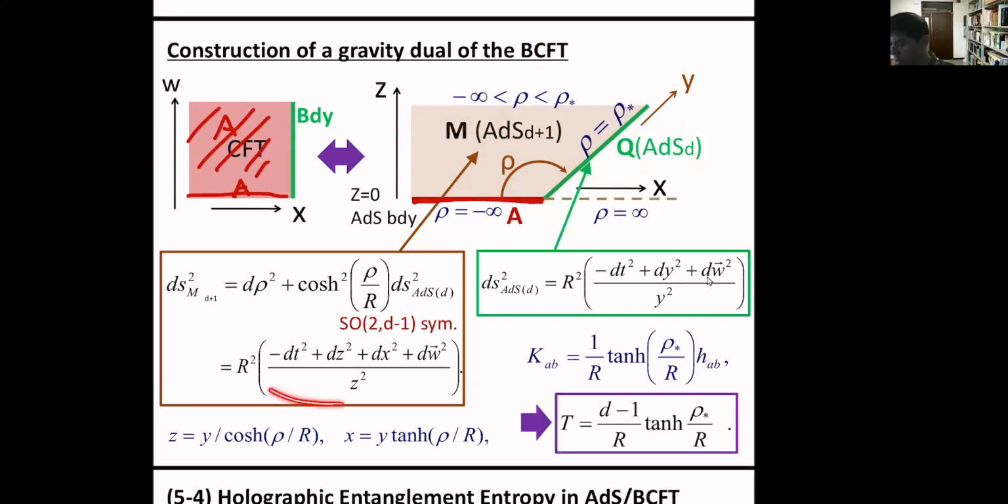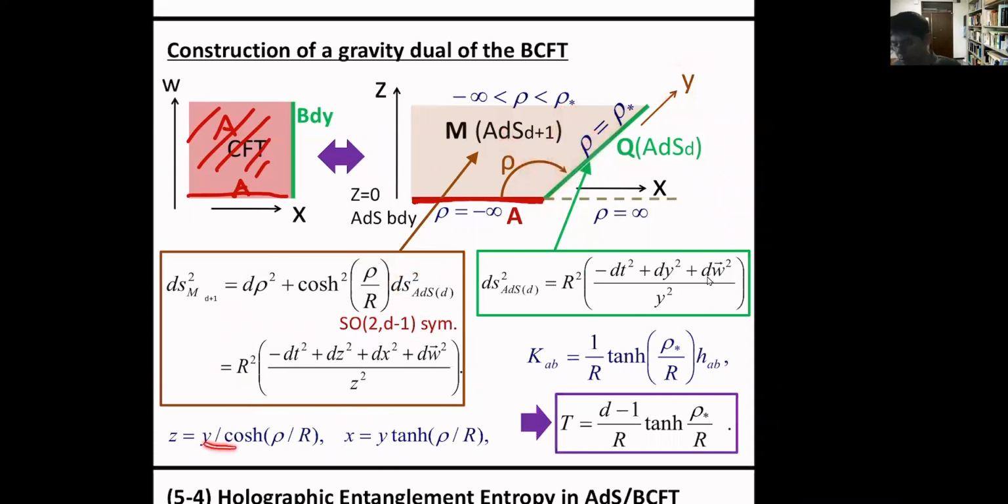And so we can write this metric in terms of the standard Poincare metric, right? Like this. The connection between the rho coordinate and this Poincare coordinate is given by this, rho and y. Y is the radial direction of this patch, y is this direction.